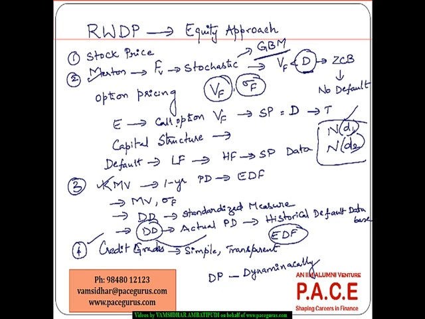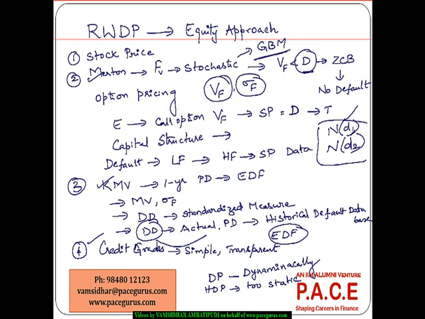Dynamically, you see the default probability also changing. Historical default probabilities may be too static, and if I look at the probability directly from the credit market, it could be hugely volatile.